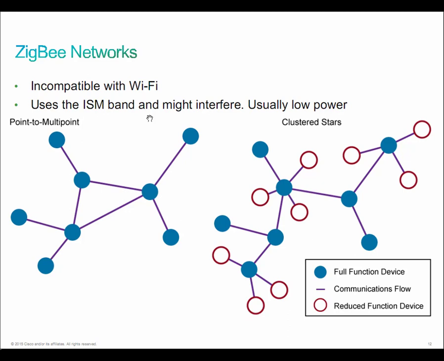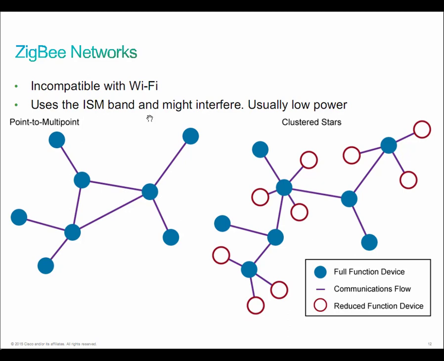Essentially what the ZigBee coordinator does is it stores information about the network that's being constructed, and it also acts as the trust center and the repository for all of the security keys that are going to be used in the environment. You have another component called the ZigBee router.